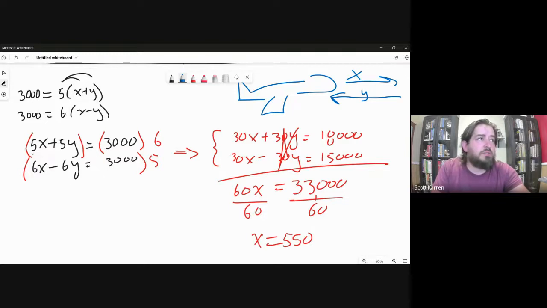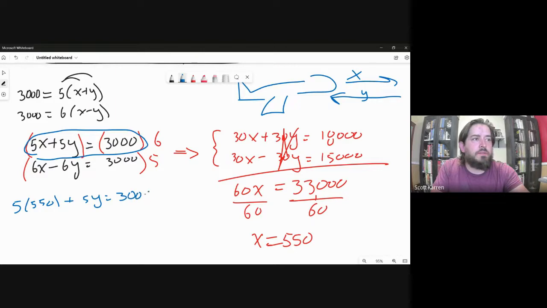Pick the first one, pick the second one. I'll do the first one. 5x, so 5 times 550 plus 5y equals 3,000. 5 times 550 is 2,750.